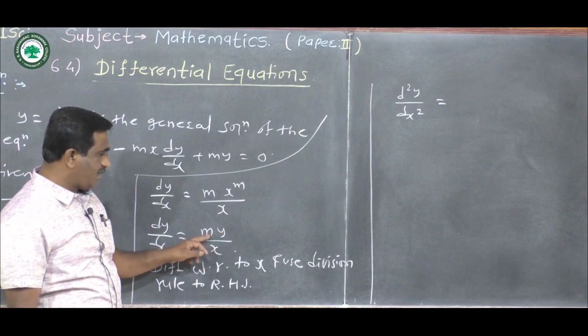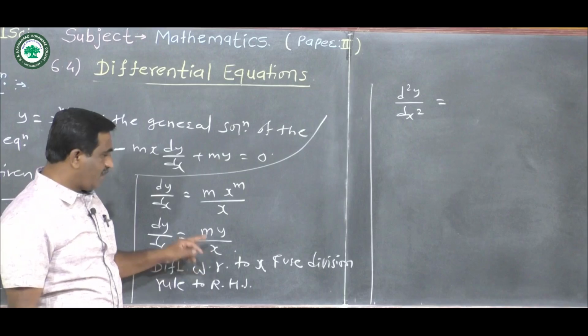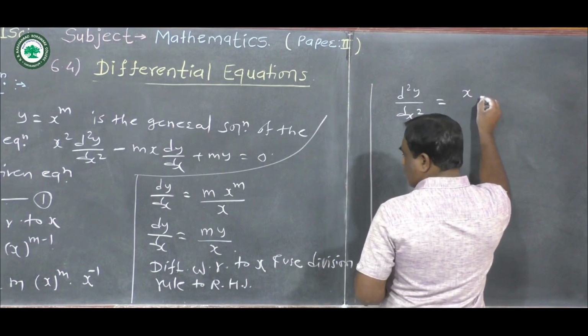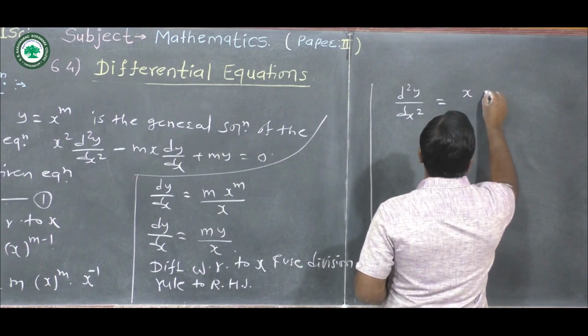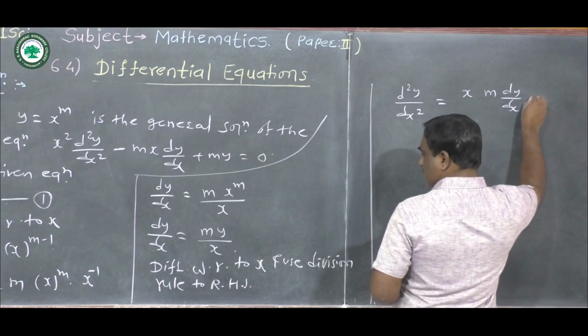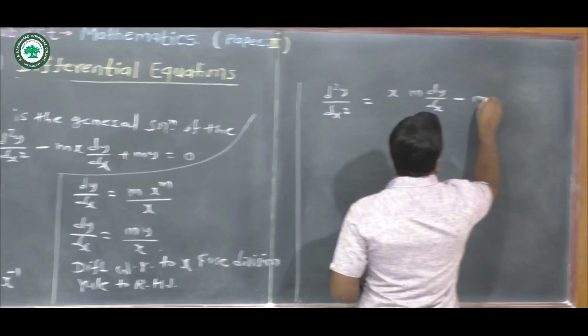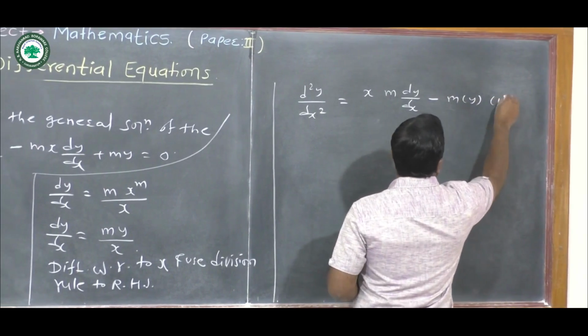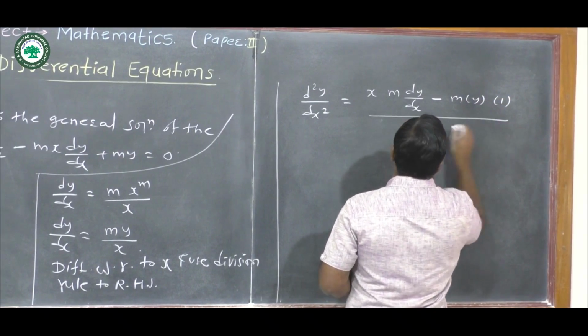Here m into y is u and x is v. Therefore, x as it is into derivative of m into y, m is a constant term, derivative of y is dy by dx, minus m into y as it is, derivative of x is 1, upon x square.